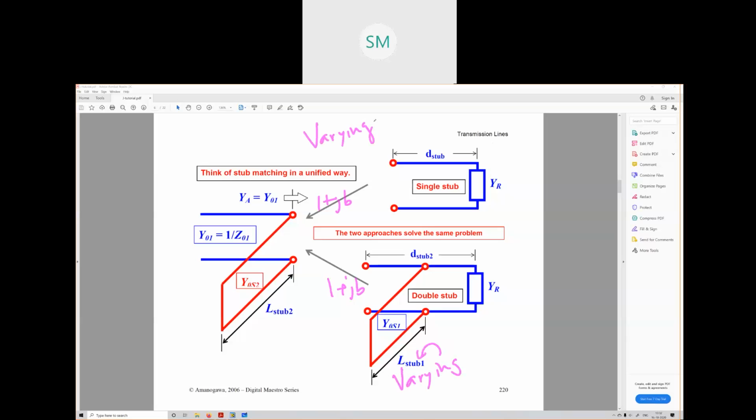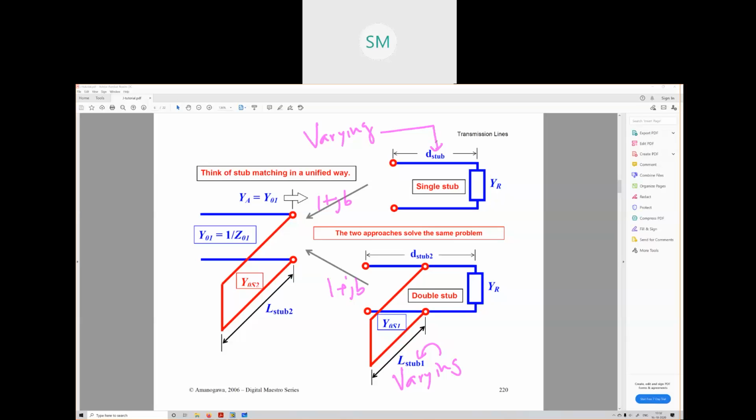For the single stub case, what were we varying? Exactly, very good, varying this. So we need to change something. For the single stub case, we are changing d stub 1.